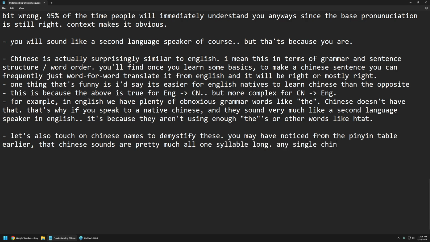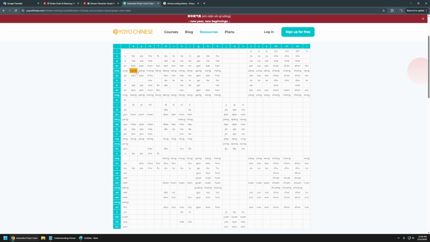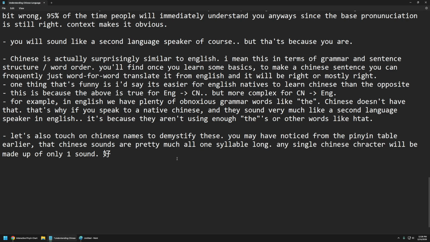Any single Chinese character will be made up of only one sound. It's never a compound sound. There's no character that's bang bao, right? It's either bang or it's bao. Each character is one sound and one meaning.